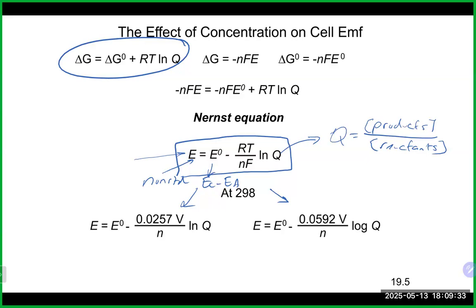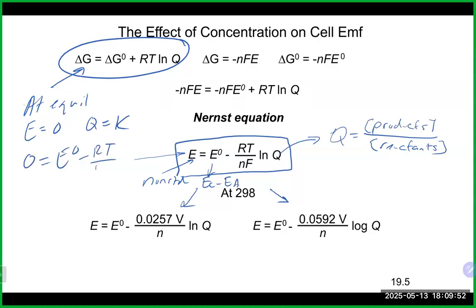So if you just want to remember the Nernst equation and know how to get to the other one, you could do this, because at equilibrium, E is equal to 0 and Q is equal to K, which turns that guy into 0 is equal to E naught minus RT over nF natural log of K.